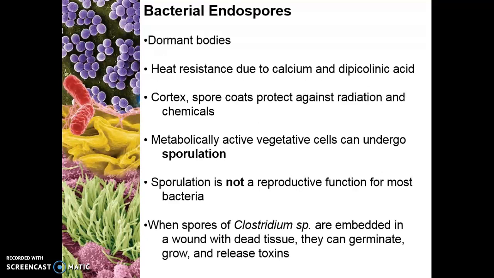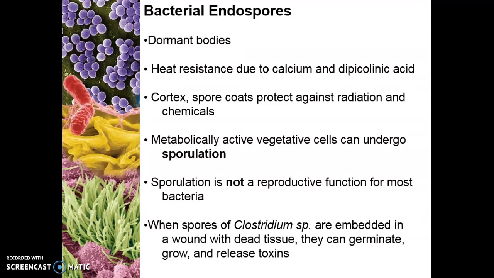All right, then another major feature is endospores. A lot of times bacterial endospores get confused with fungal spores, but with the bacterial endospores, you have to have that endo in there.